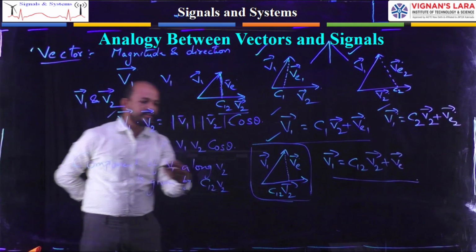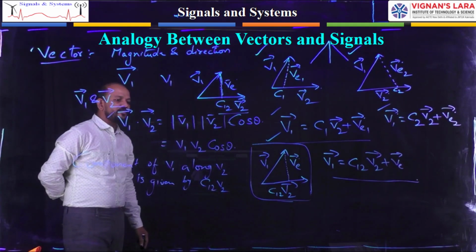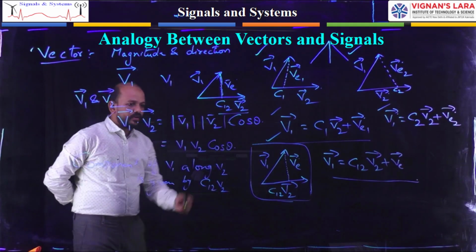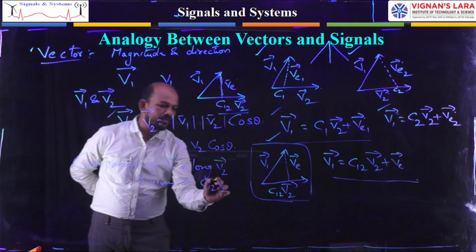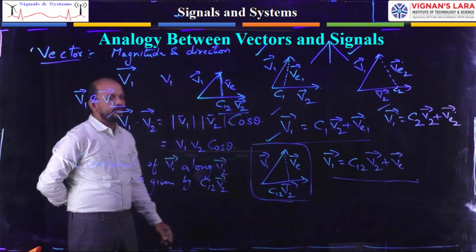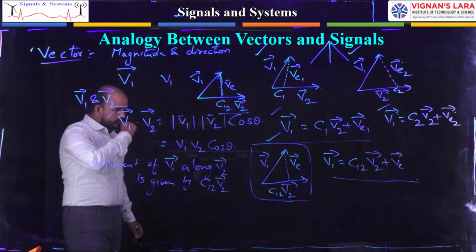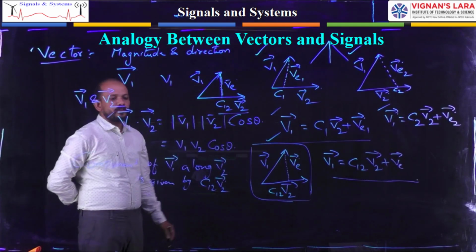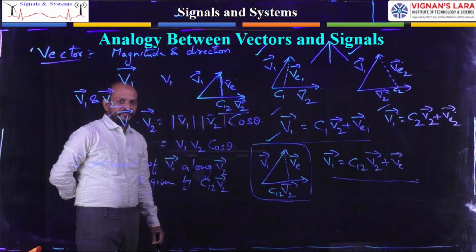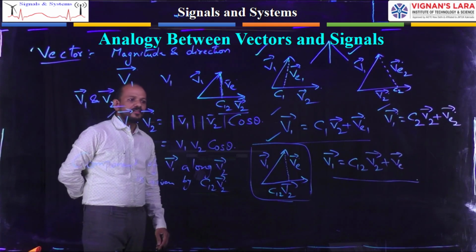So from the diagram we can easily say that it is C12 V2, where V1 and V2 are vectors. Now we can get this component of V1 along V2 using a simple right angle triangle.